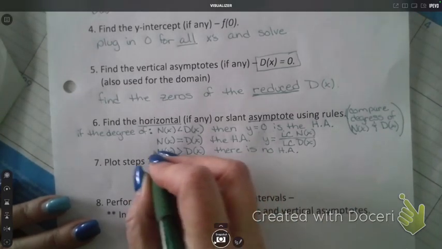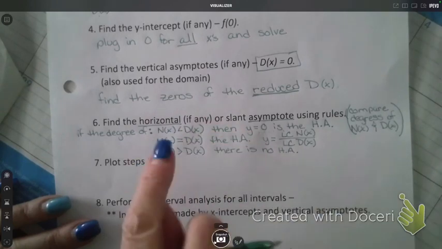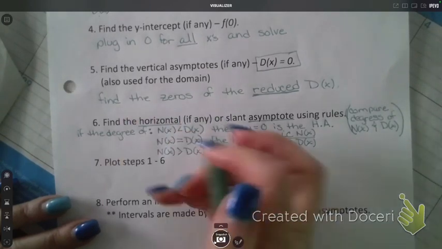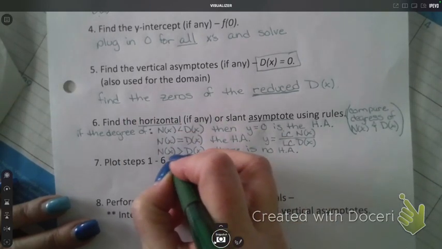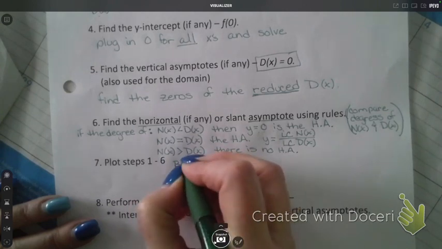Okay, so in this case, there's 1, 2, 3 rules. This is like 3A, but it goes with this.